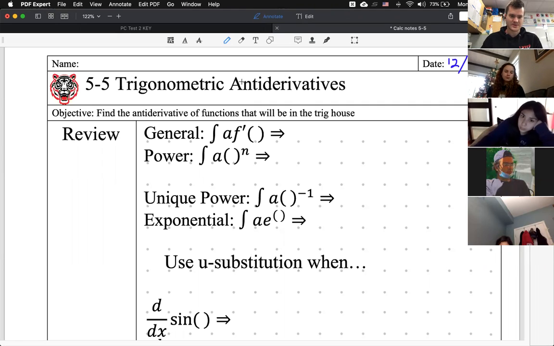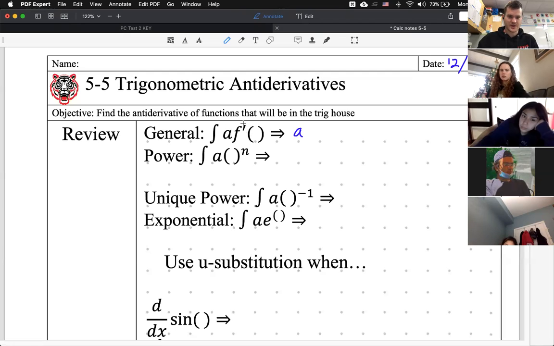So let's review the houses that we already know: general house and power house. General house just has an f usually in it. What's the antiderivative of this general house? It's F of whatever.